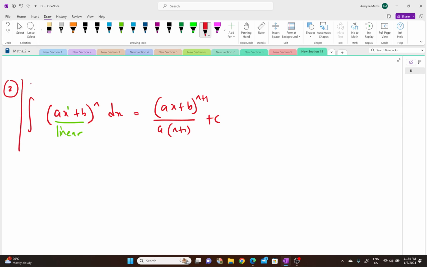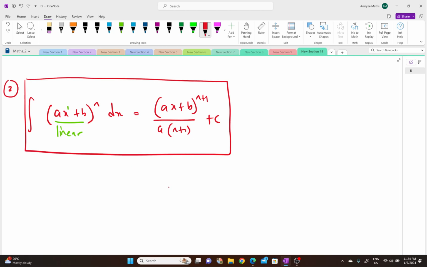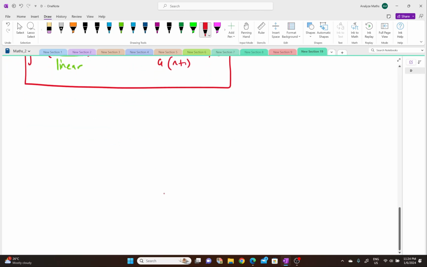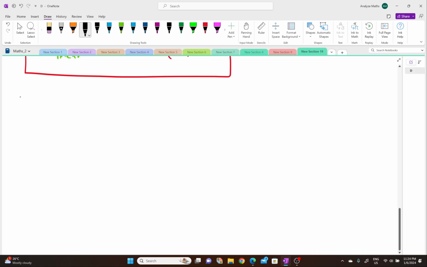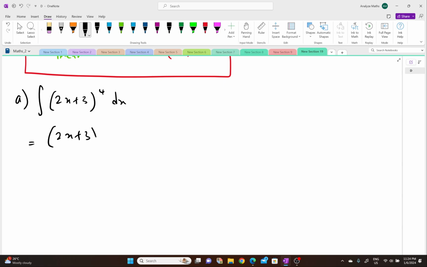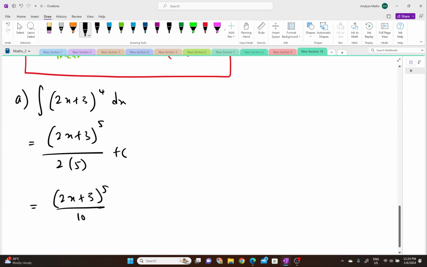This is the answer. For example, if I want to do (2x plus 3)^4 dx, how can I write it? 2x plus 3, 5 here, 2 here, 5 here, plus c. This is the answer. You can leave the answer like this.